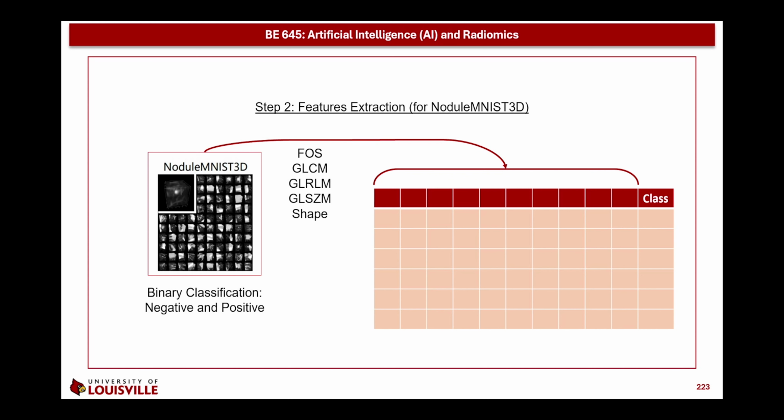We need to extract different features from each dataset, which are first order features, GLCM, GLRLM, GLSZM, and finally the shape features. And during the extraction, as mentioned, we need to add the class as the last column to be used in the classification process.